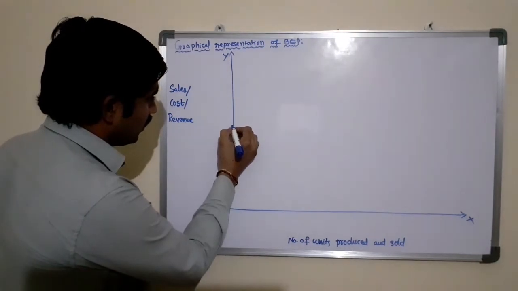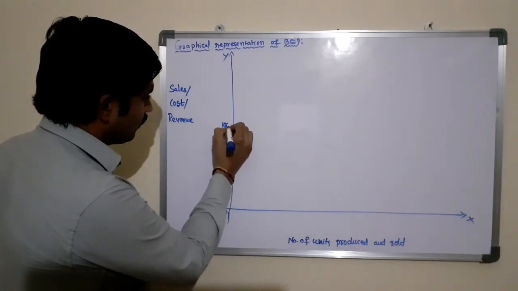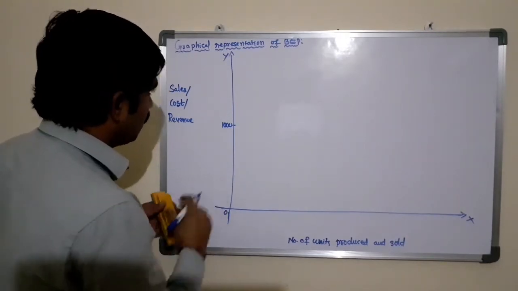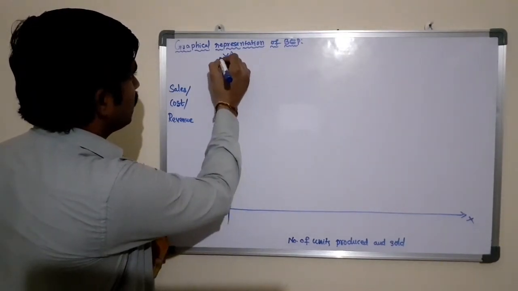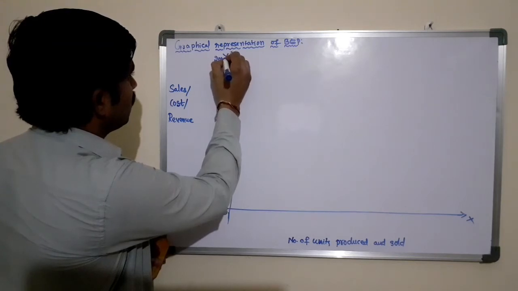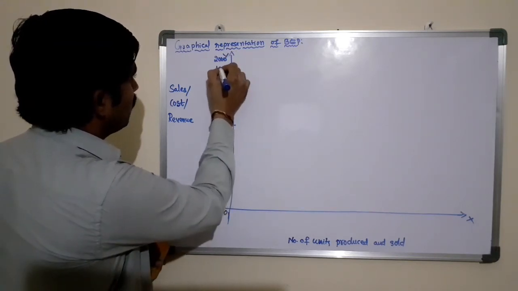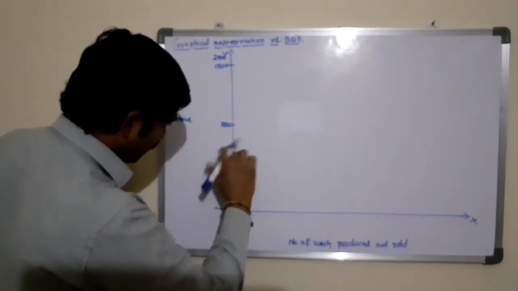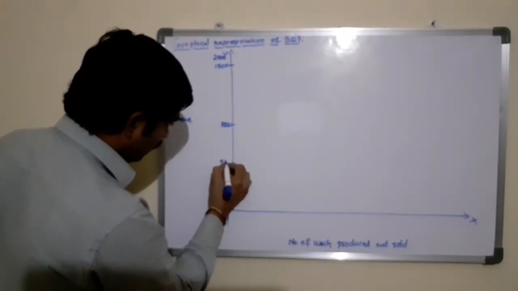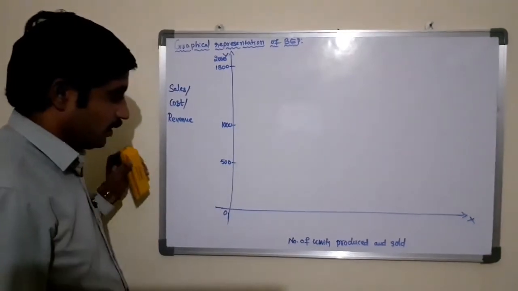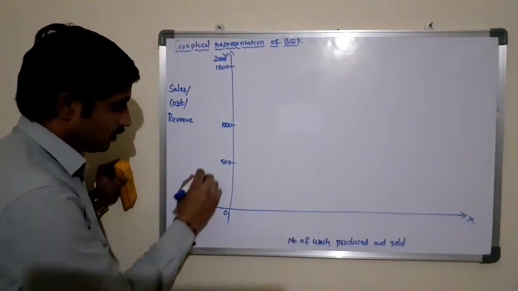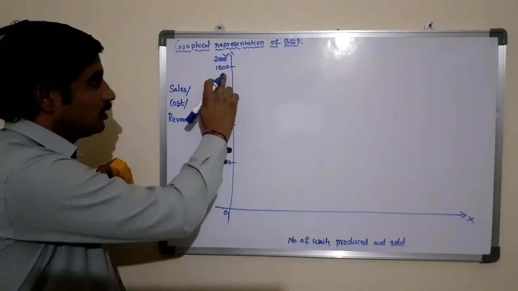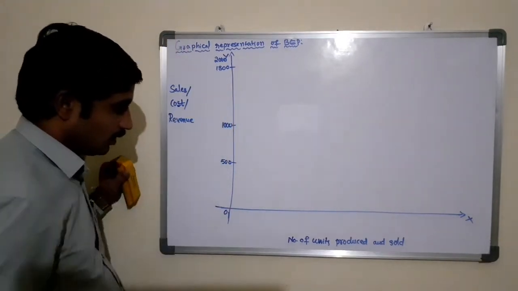Here let us assume 1000, half of the axis 1000, and let us assume here 2000, and approximately here 1800, and half of this part we are assuming approximately as 500, that is fixed cost. This is fixed cost. This is break-even point in terms of value. This is the total revenue in terms of value.